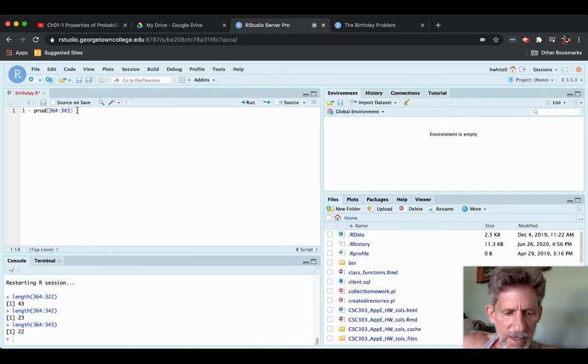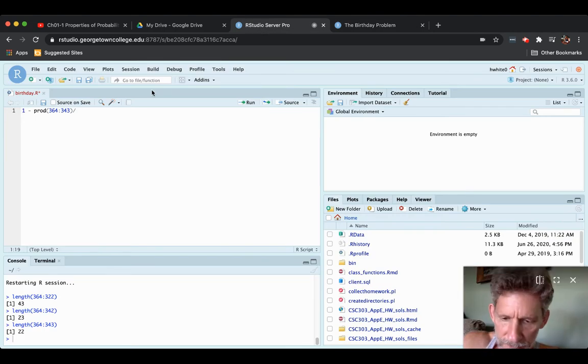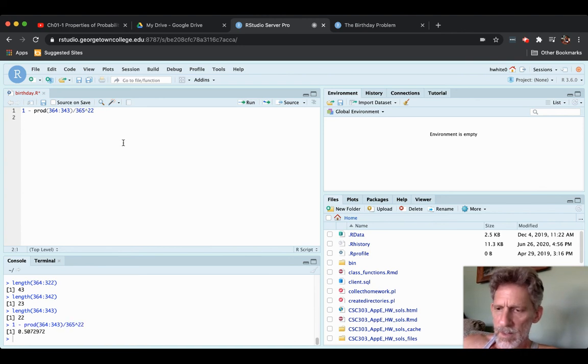And then I have to divide by all those 365s on the bottom multiplied together, and there's 22 of them. So I'll divide by 365 raised to the 22 power. I'll run this, and wow, I get about 0.507.